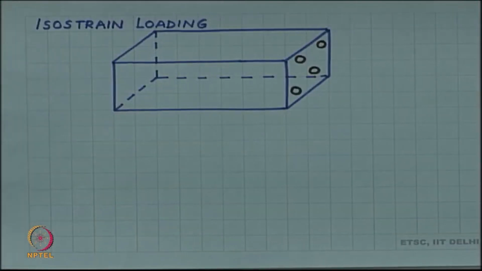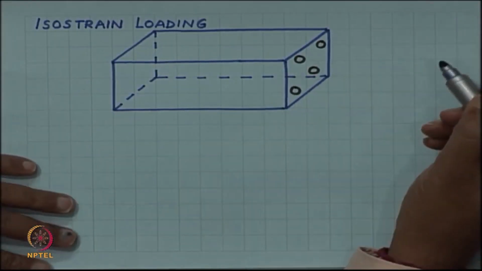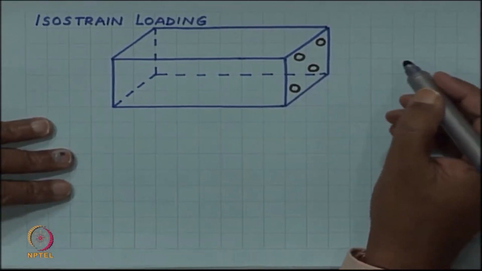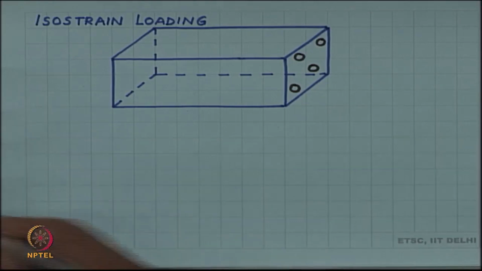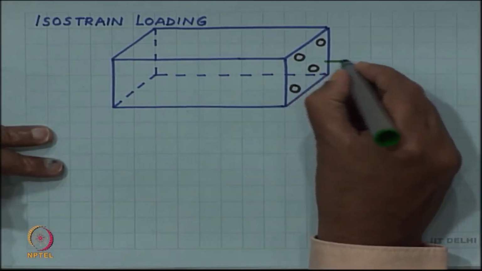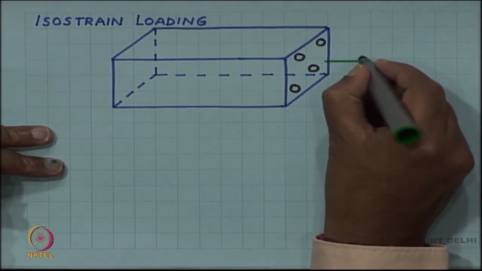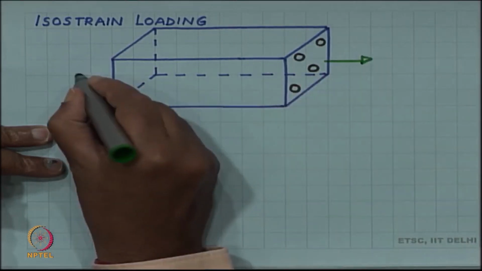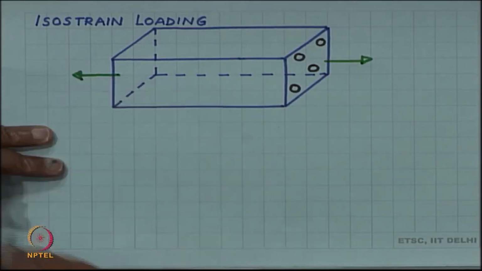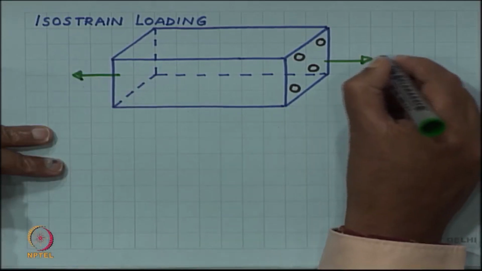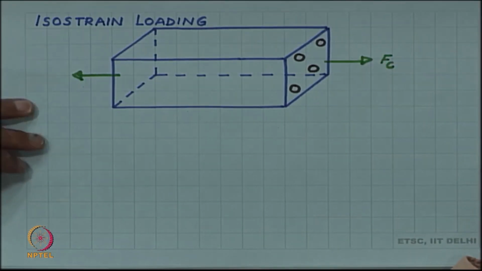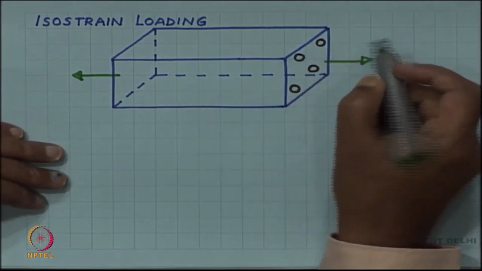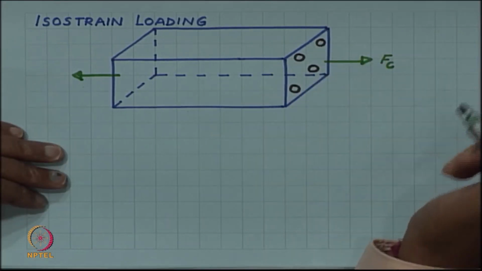Now, let us look at what we mean by this isostrain loading. For such a composite, if I put a load Fc on this composite material, then this load will be distributed on the fiber and in the matrix.